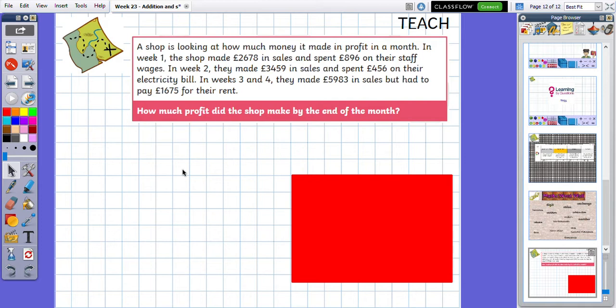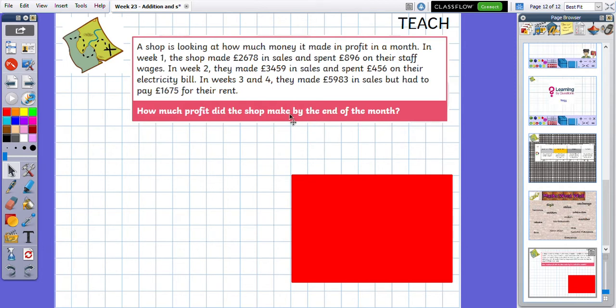In week 2, they made £3,459 in sales and spent £456 on their electricity bill. In weeks 3 and 4, they made £5,983 in sales but had to pay £1,675 for their rent. How much profit did the shop make by the end of the month?